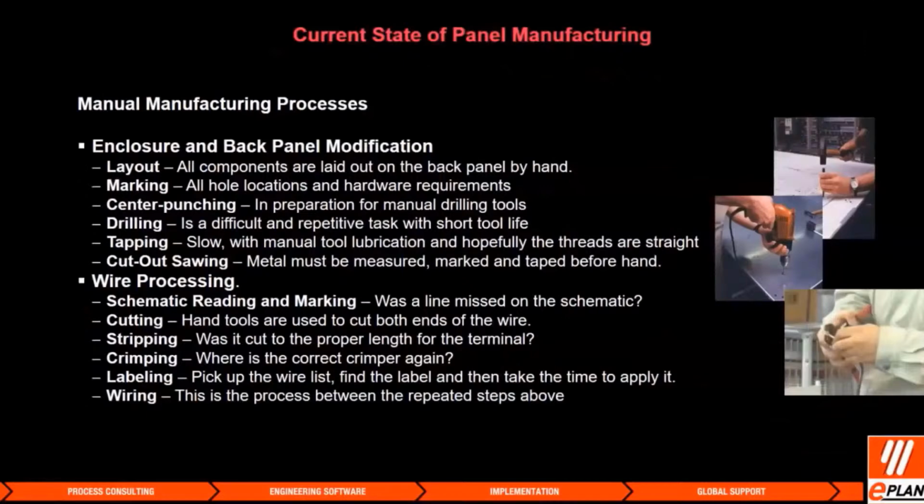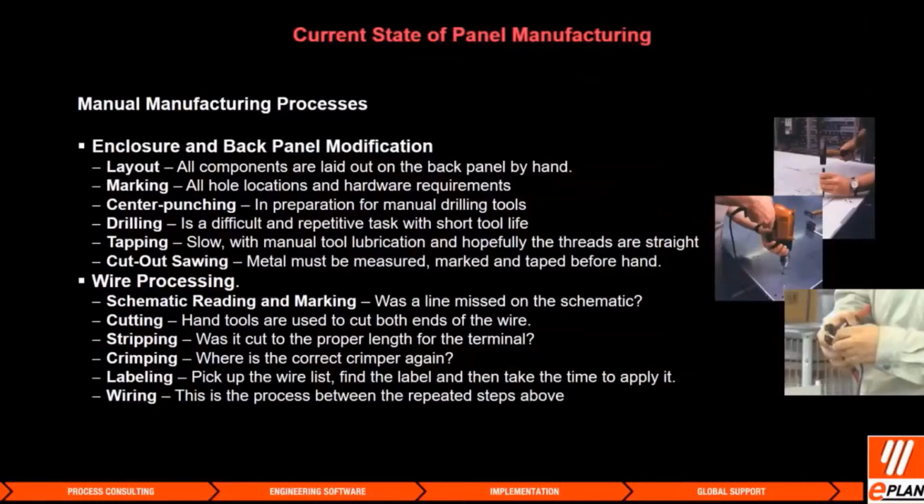Then out on the production floor, just a couple of examples of where we see the biggest buckets in terms of time consumption, where the panel build is really taking a lot of time. One being the enclosure and back panel modification.